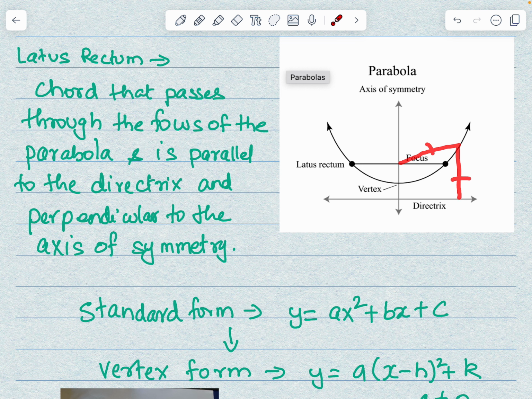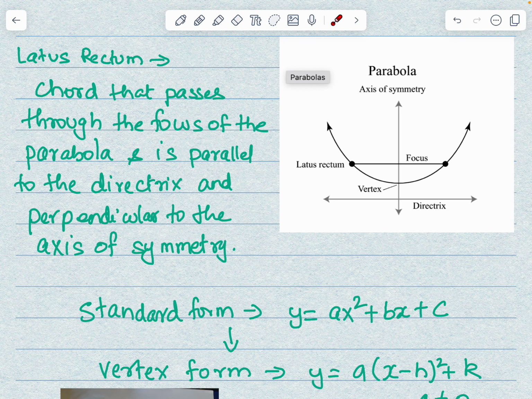These two lines are the same length, the perpendicular that you draw. If I take a point here, this length and this length should be the same. Such points form the parabola, the curve.